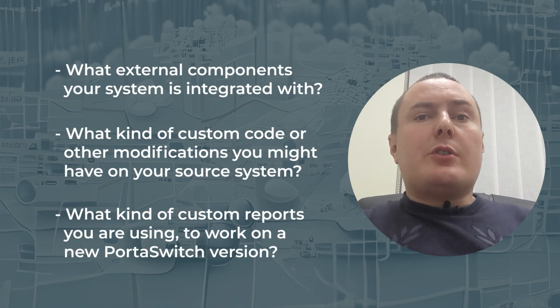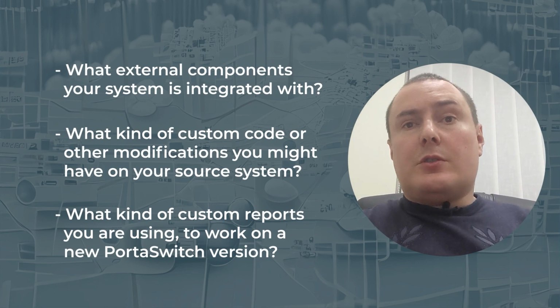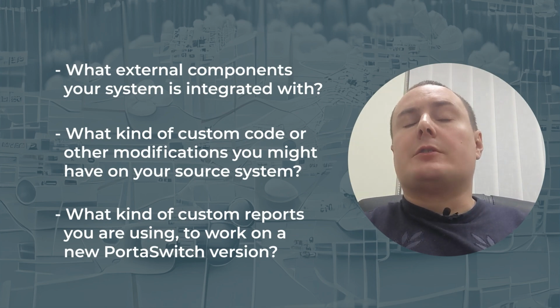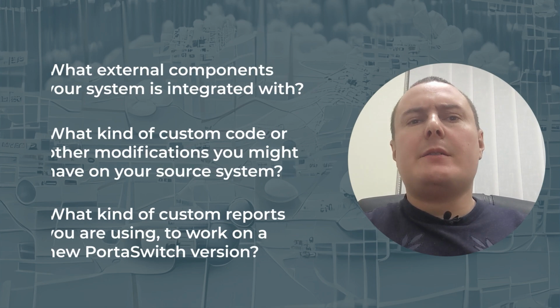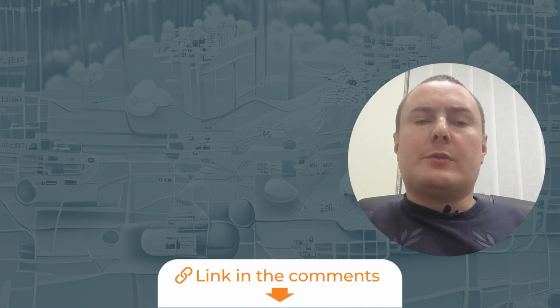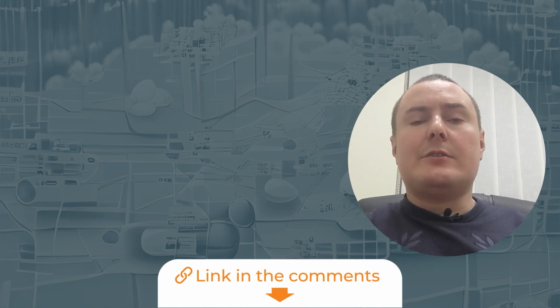What kind of custom reports you are using, which also might need to be adapted to work on a new PortaSwitch version, and many more things. You can find a more detailed description of the scope of our PMA in the official dual version PortaSwitch documentation, which you can see as a link on your screen.